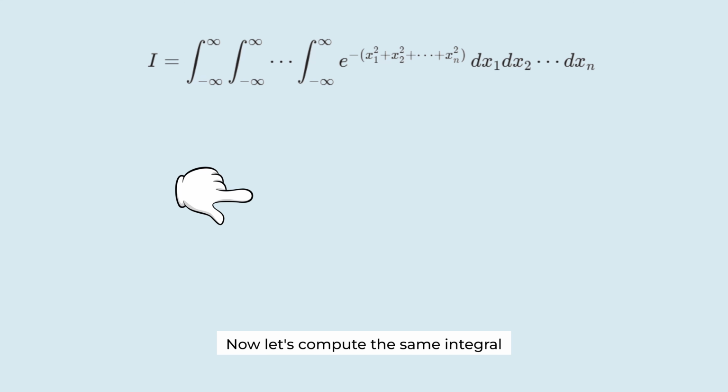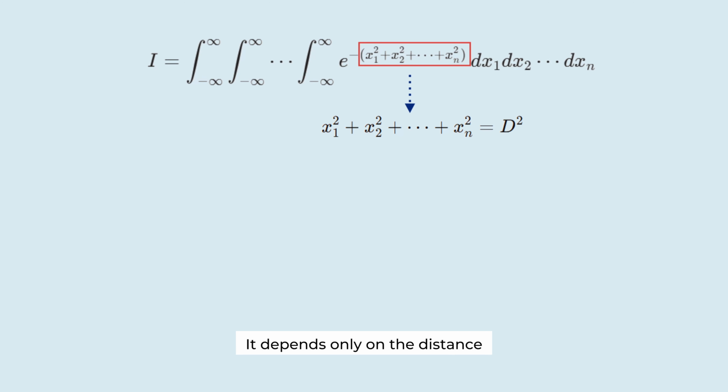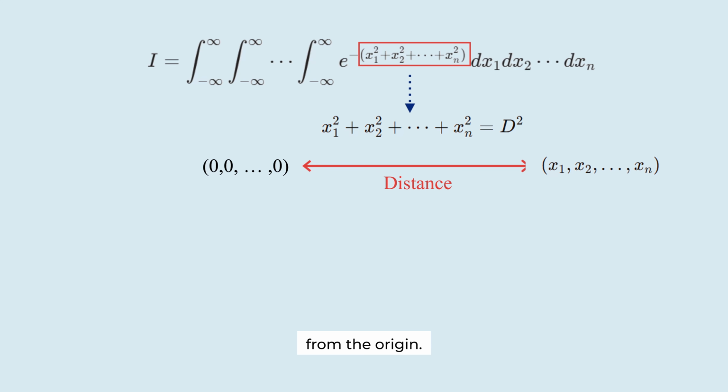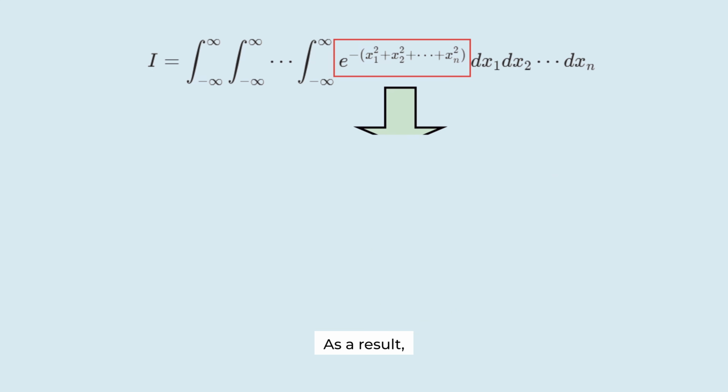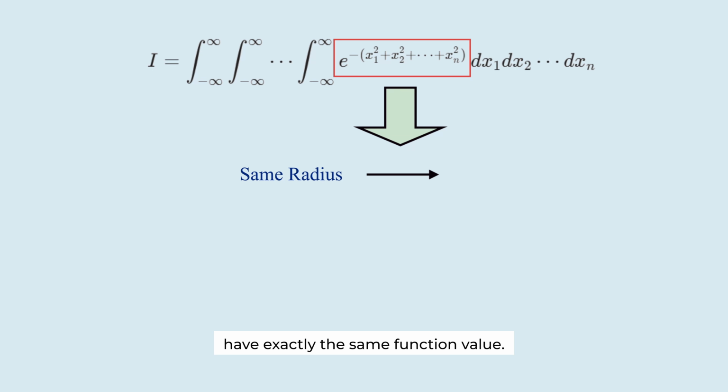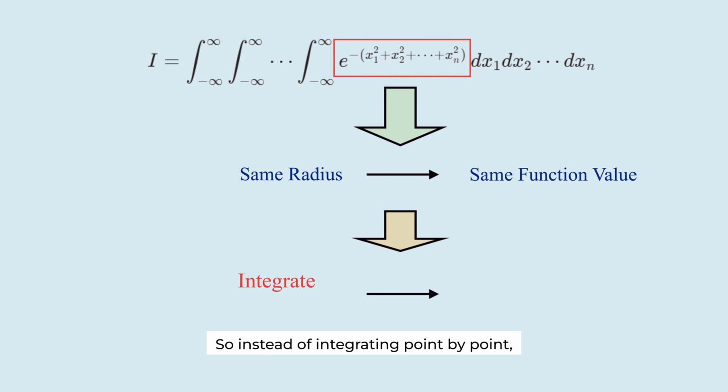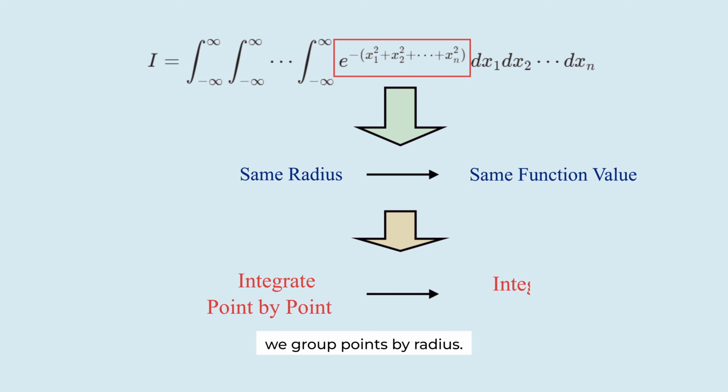Now, let's compute the same integral using spherical coordinates. Look at the exponent. It depends only on the distance from the origin. That distance corresponds to the radius of the n-dimensional sphere. As a result, all points at the same radius have exactly the same function value. So, instead of integrating point by point, we group points by radius.